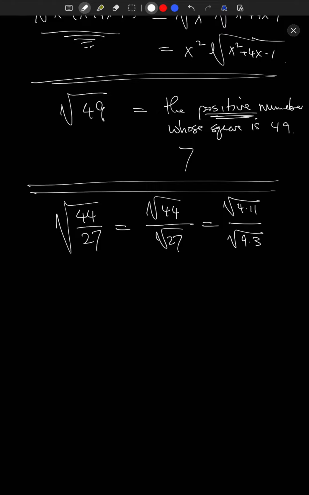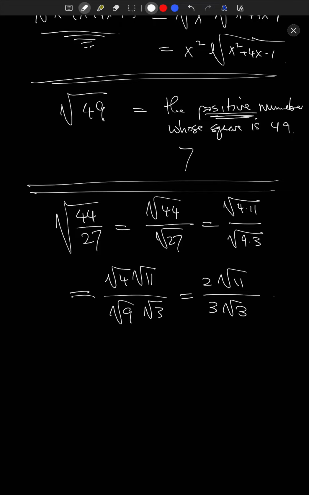And so using the multiplication property, I know this is square root 4 times square root 11 over square root 9 times square root 3. And so this is equal to 2 root 11 over 3 root 3. Okay. So it makes it easier to manipulate and clean up my expressions.